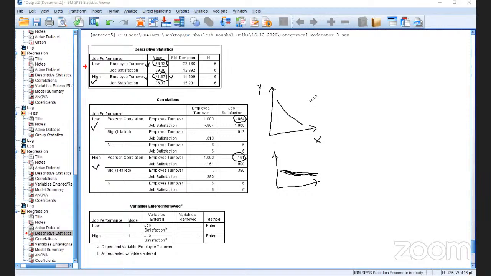For low performers the value is very high, minus 0.864, and here the value is minus 0.161. This is for high job performer, and for low job performer it means employee turnover is more. Okay, now we see the next table.